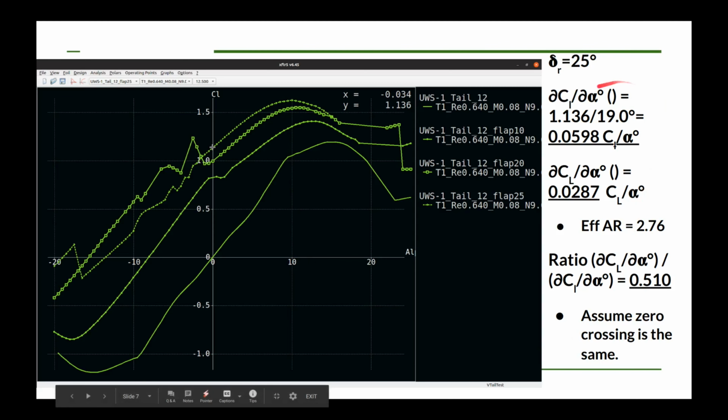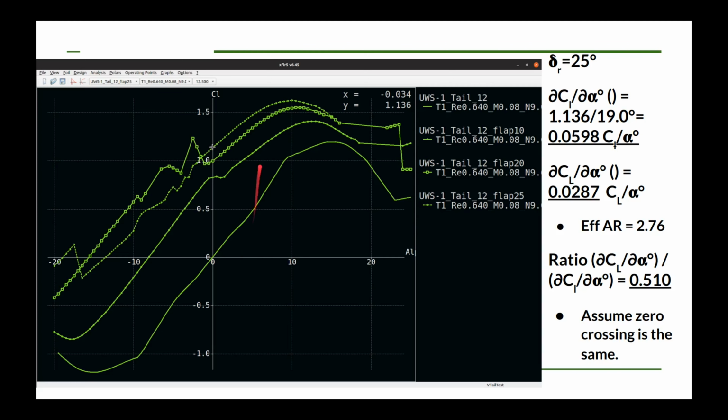I'm not going to go through the entire explanation of all this again. If you want to understand where all of this came from, which is converting from the section maximum coefficient of lift to the actual vertical tail coefficient of lift, go back and review the video on the vertical tail size.